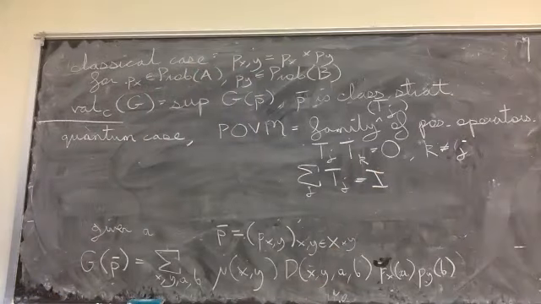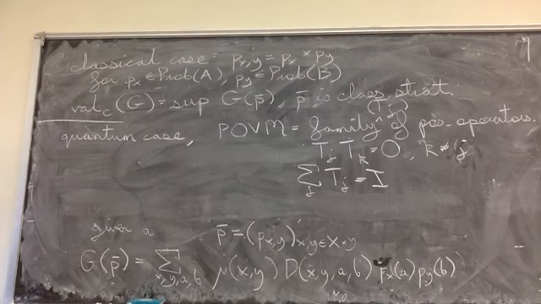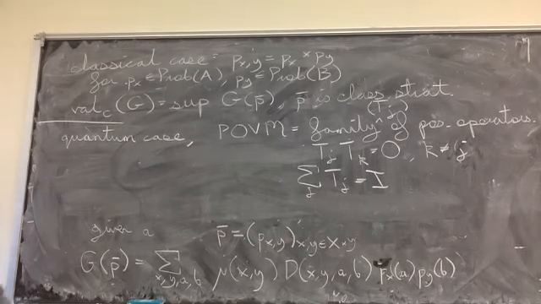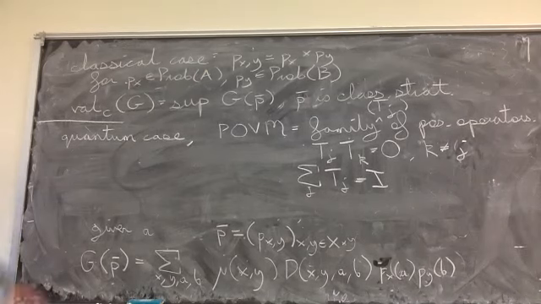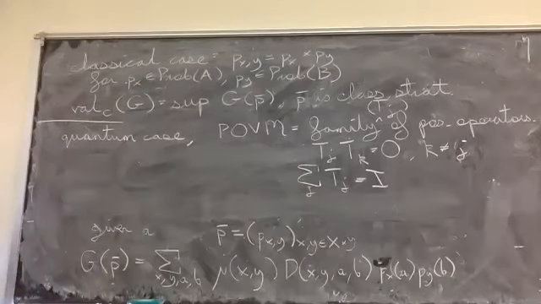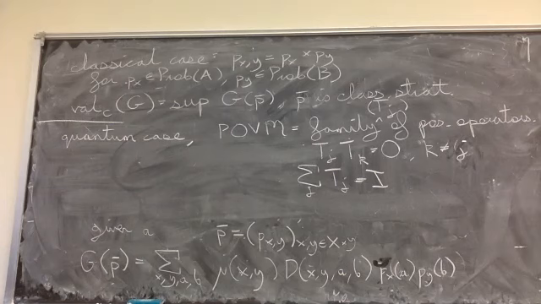So this is supposed to be a generalization of the concept of a probability measure. It's kind of like a non-commutative probability measure where instead of taking positive numbers that sum to 1, you take these positive operators which have orthogonal ranges and sum to 1. So this is a positive operator valued measure.